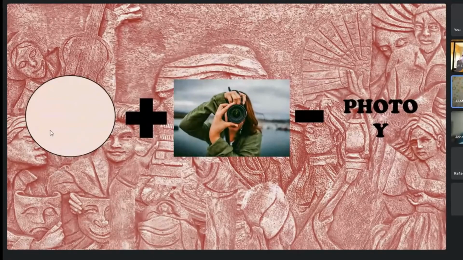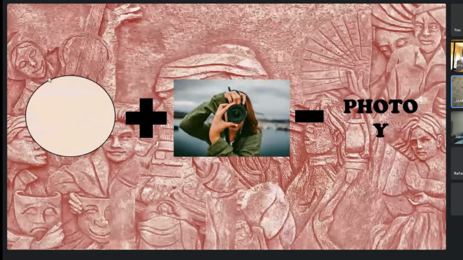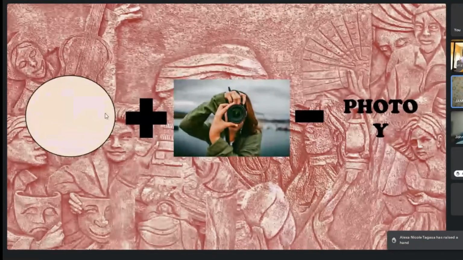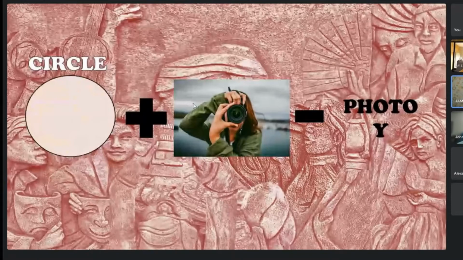Let's focus first with this picture. What do you think this picture is? Anyone? Let's have Alexa. Circle po. So we have here the circle. Very good. How about this picture?